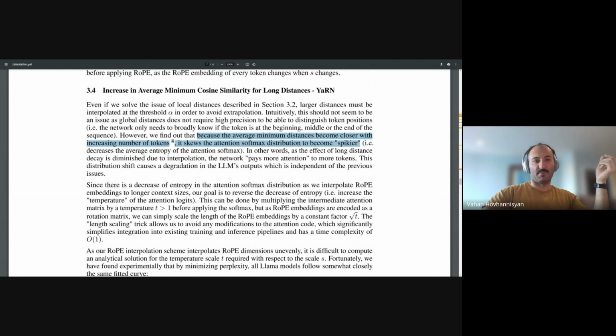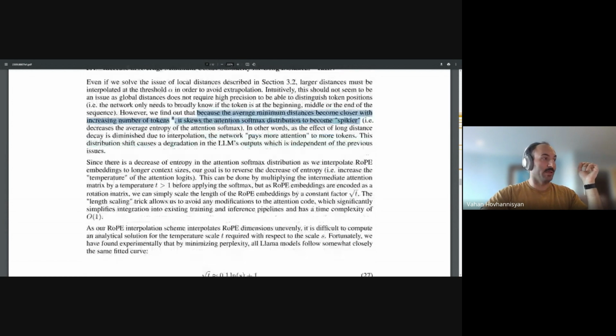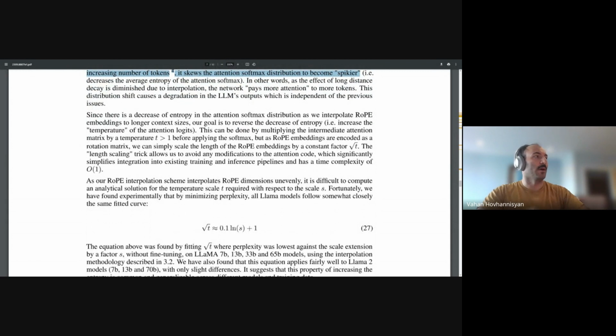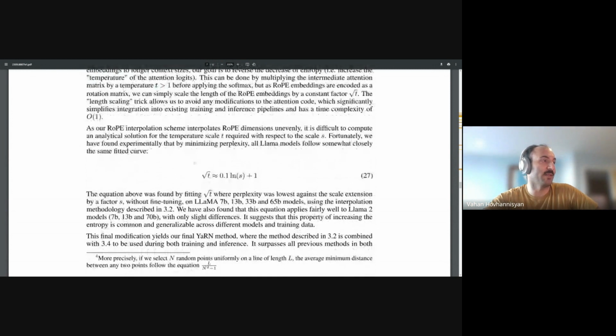I mentioned this before. You can use this scaling factor, temperature T, to flatten the curve accordingly. Then they experimentally find the value for T given the S, right? So this is found experimentally, basically optimizing for perplexity.